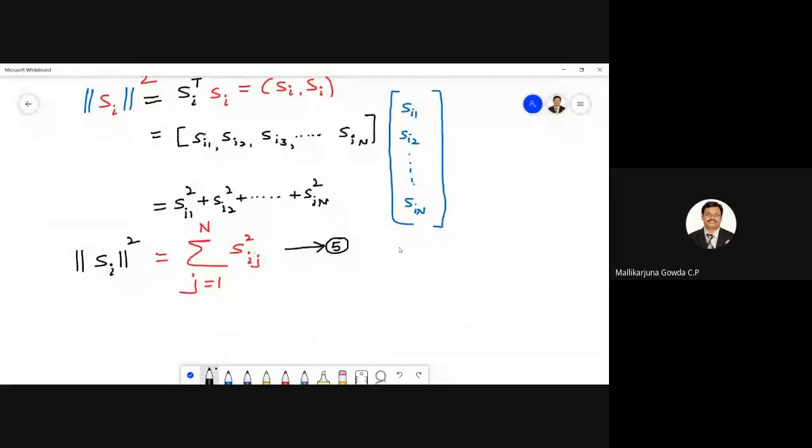The value of i can vary from 1 to m, and the value of j can vary from 1 to n.